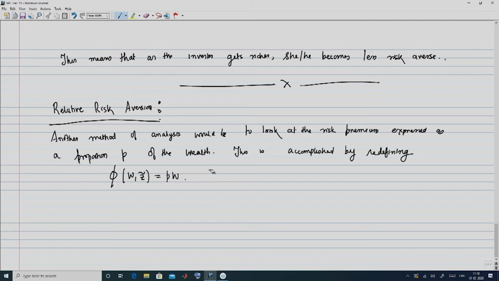The reason why we are doing this is that we want to see the risk premium as a proportion P of the wealth level.